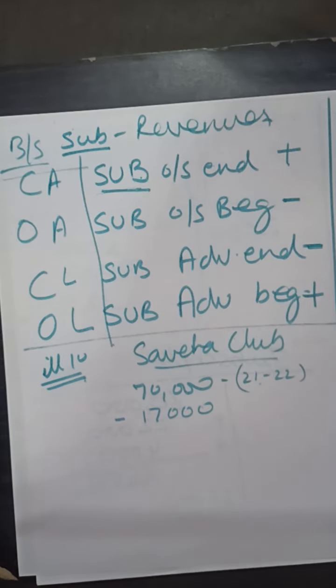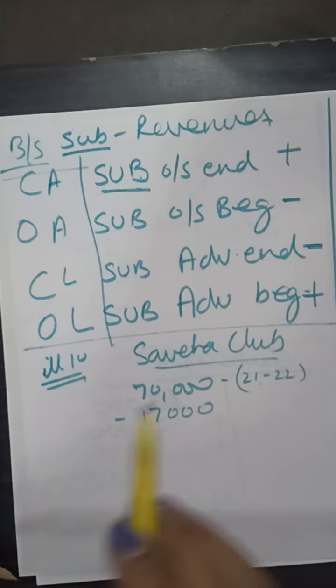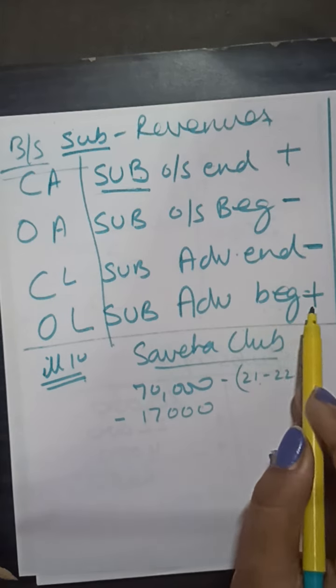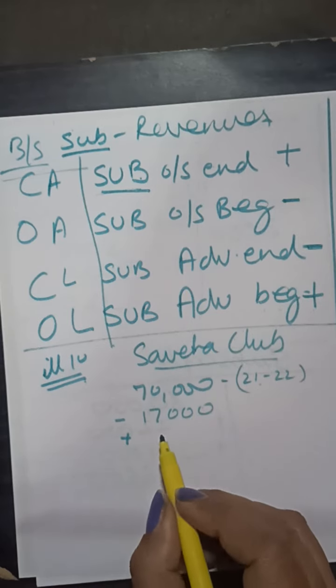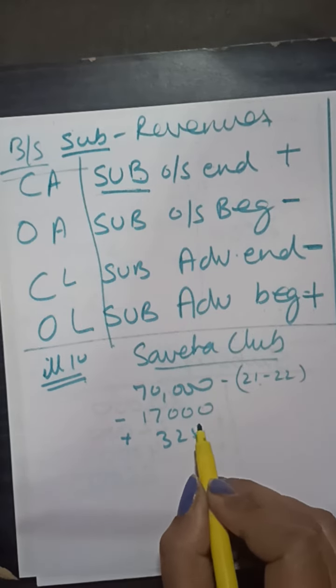Then they say subscription received in advance on 31st March 2020, which means it is the beginning. In case it is received in advance in the beginning, it will be added. Advance in the beginning will be added. Plus rupees 3250.